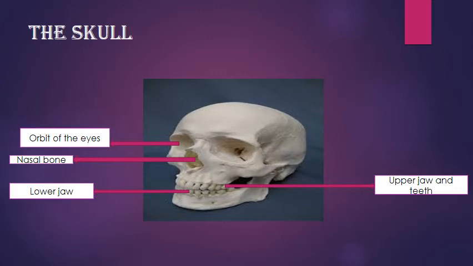You can see with an experiment that when you talk or eat, only the lower jaw moves. So in our head we have a total of 14 facial bones and 8 flat bones, and only one movable bone, the lower jaw bone, which enables us to talk and eat.